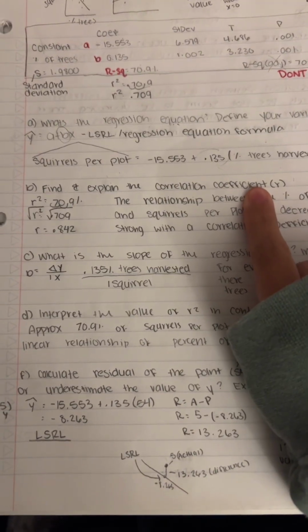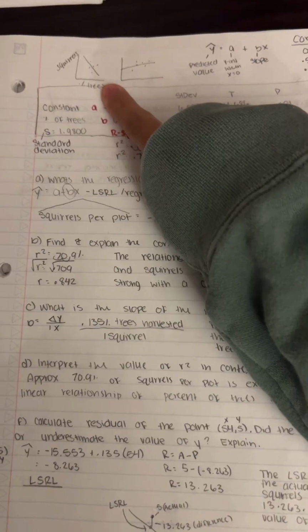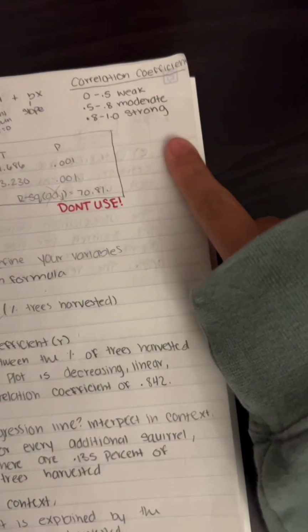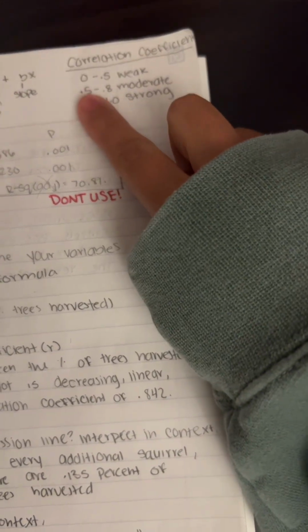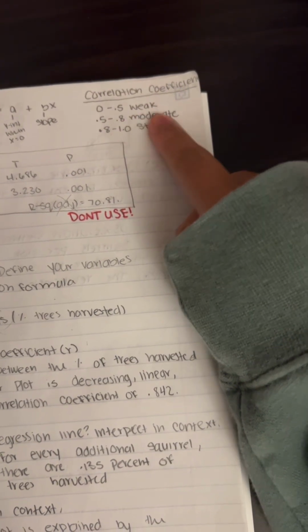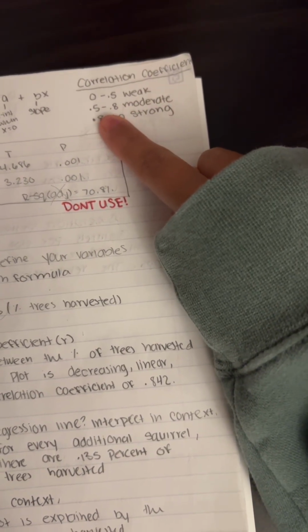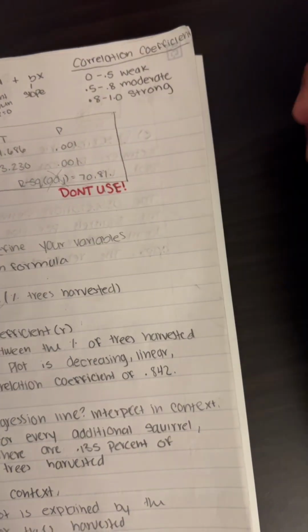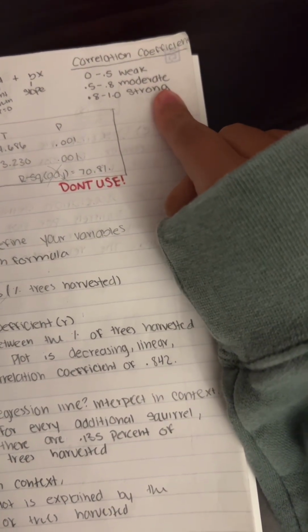The correlation coefficient tells you if the graph is weak, moderate, or strong. Over here, I wrote that 0 to 0.5 is weak. 0.5 to 0.8 can be moderately weak or moderately strong.